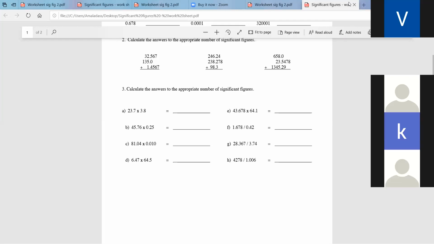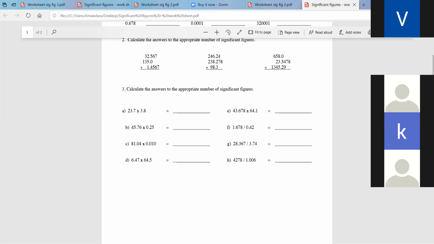But 90.1 is 3 significant figures. Then how do you write it?